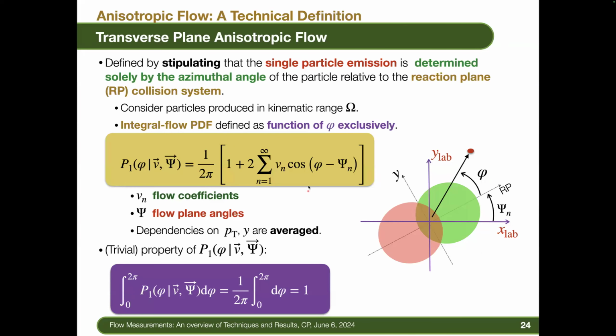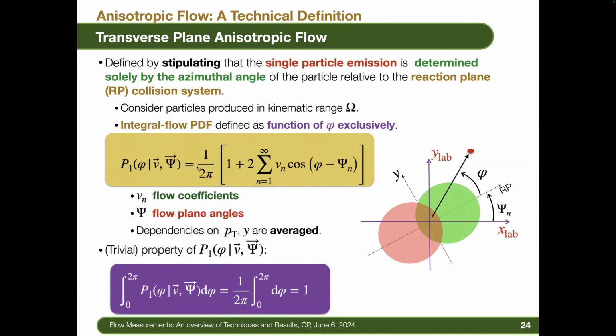Within this Fourier decomposition, we have these coefficients v sub n, n going from 1 to possibly infinity, but in practice, the coefficients of order 2 and 3 will dominate. 4 is finite, but when you go beyond 5 and such, then these coefficients become typically very, very small.